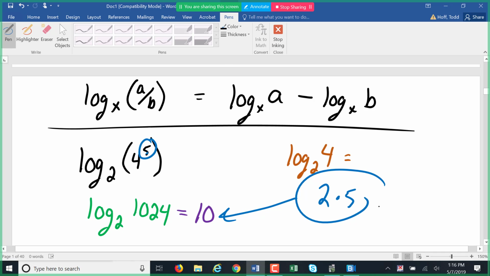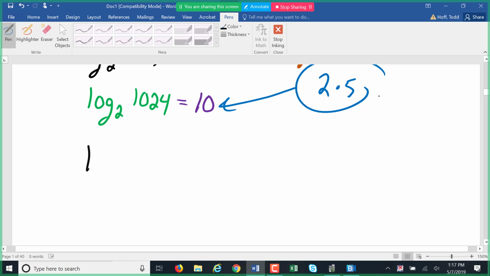So our third rule of exponents is log base x of a to the power of b is equal to b times log base x of a.